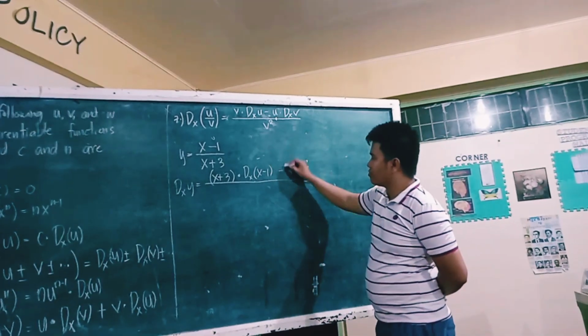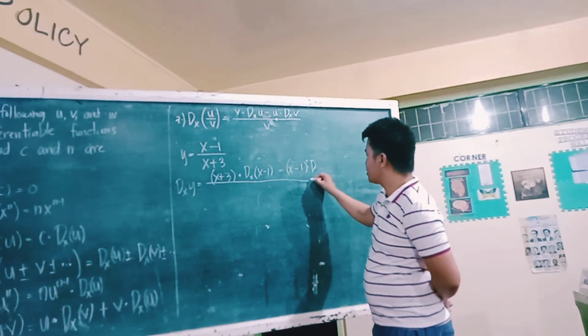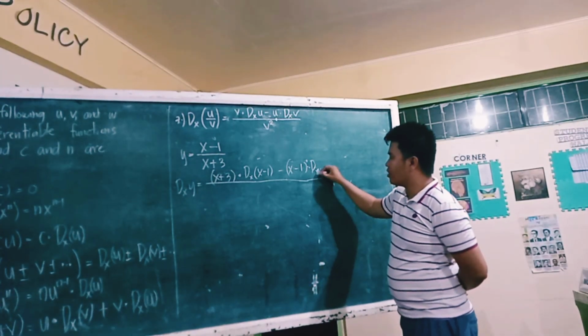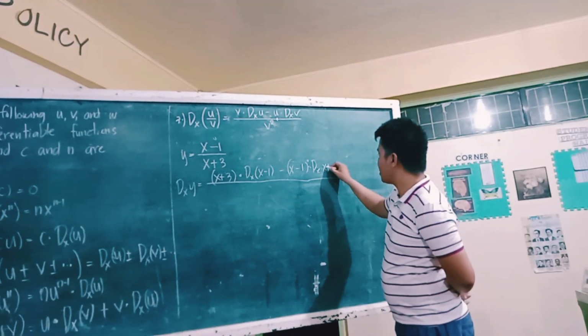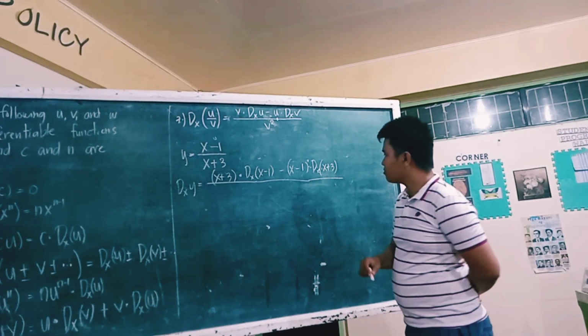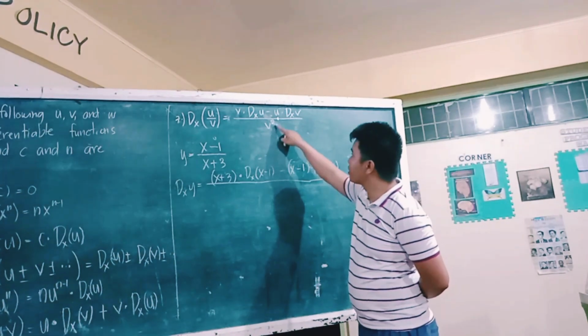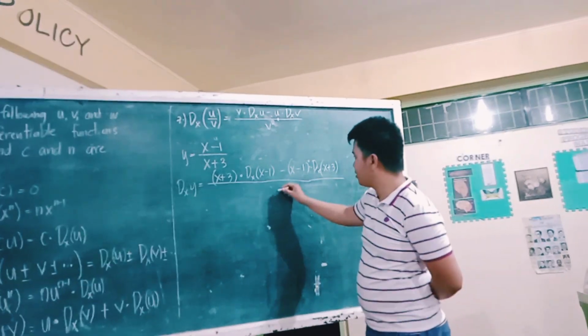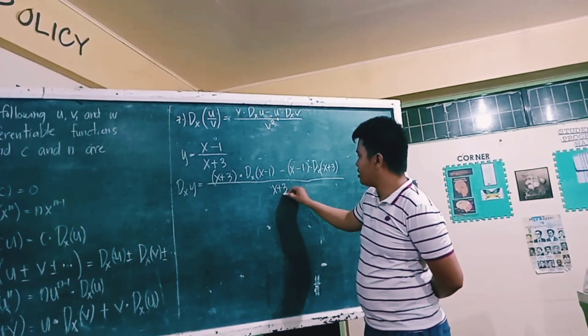So we have x minus 1 times the derivative of v, which is x plus 3. And lastly, for the denominator, don't forget, you have squared. So we have v, which is x plus 3 quantity squared.